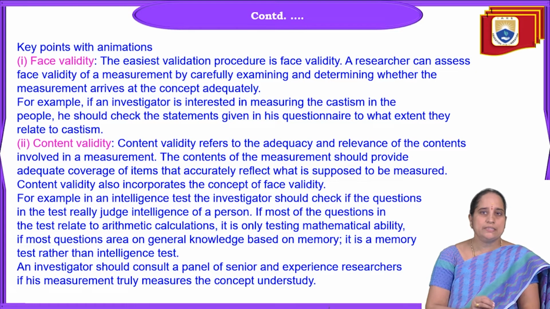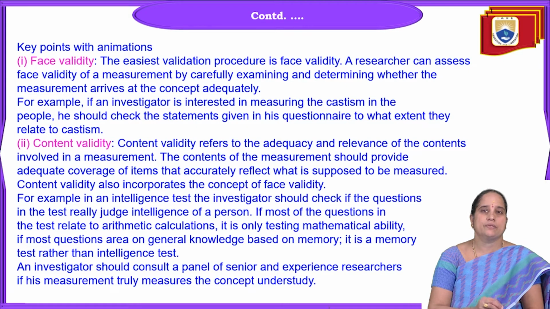The first one is face validity. It is one of the easiest validation procedures. A researcher can assess face validity by examining and determining whether the measurement captures the concept adequately.